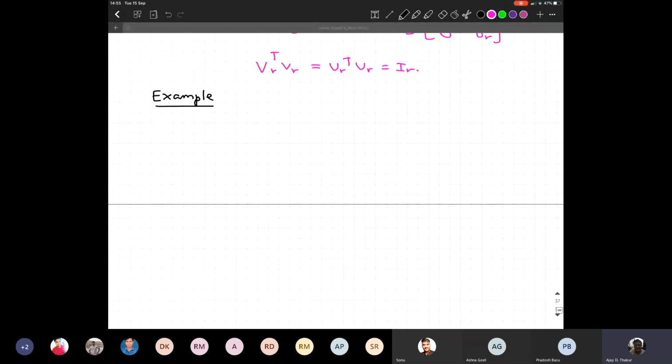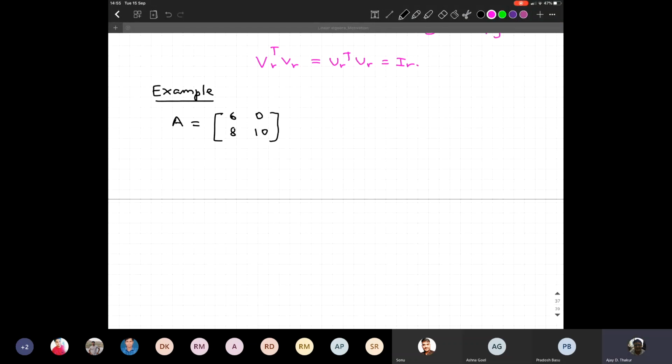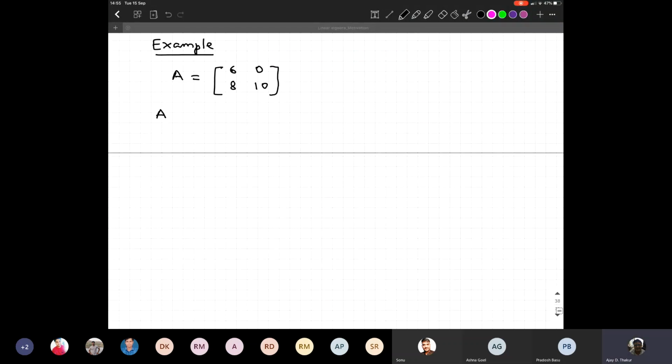So let A be this matrix, which is 6, 0, 8, 10. What I would urge you to do is obtain these matrices like A transpose A, and you can write this as 6, 8, 0, 10 times 6, 0, 8, 10, and that will lead us to 100, 80.